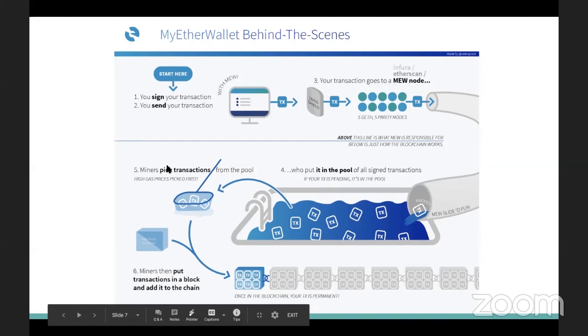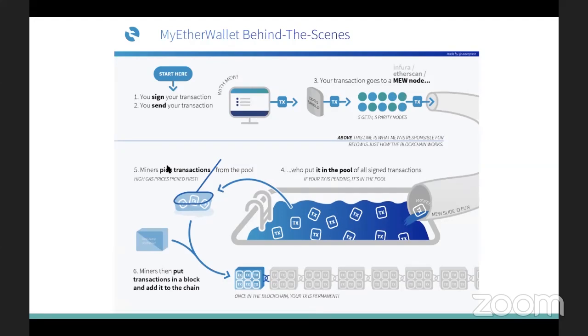Miners prioritize which transactions they get based on the gas prices. I don't know if you remember, but this week the gas prices went really up from, for example, 2 or 3 Gwei to maybe 30 or 40.